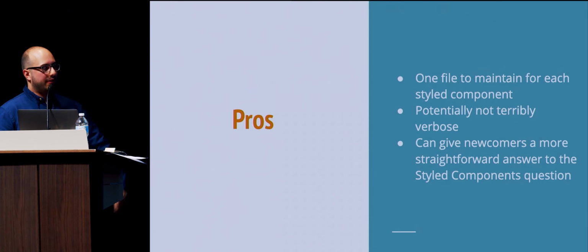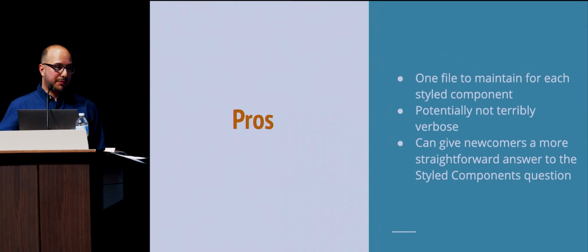We also don't have to leave our Reason environment. We don't have to create JS files, even though we're using raw JavaScript inside of our Reason. It's a little bit easier in my opinion. It's not terribly verbose. Maybe there's some way to even get better than this. Who knows? And for me, the main thing is that it gives newcomers a way to say, hey, can I do styled components in Reason? Sure. Here's how you do it.